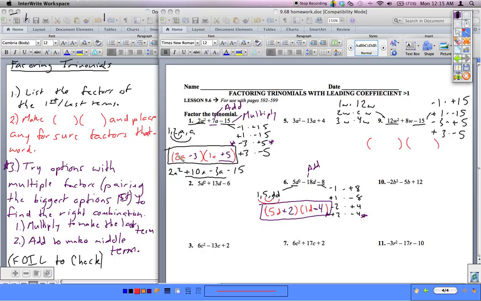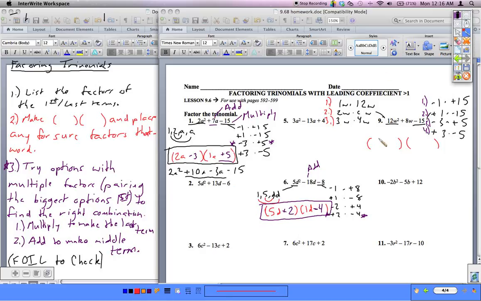Before I had only one option to go up front and only one option to go in back. Now I'm absolutely clueless because I got 3 options to go up front here, and I got 4 options to go in back here. So that's going to cause some conflicts, but we're just going to pair the biggest one and see what happens. So watch me pair the biggest ones up, and then I'll see what happens.